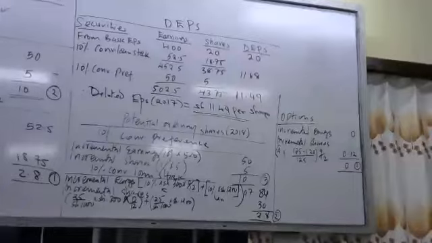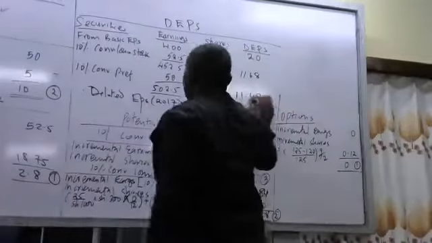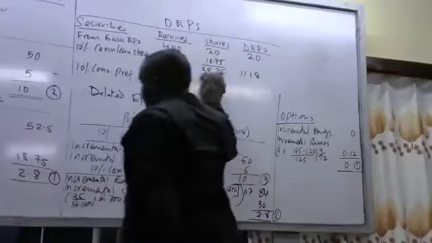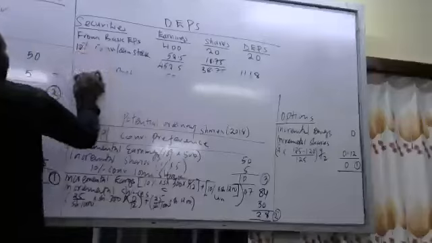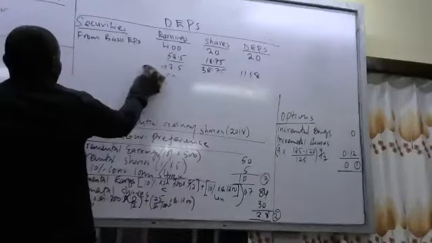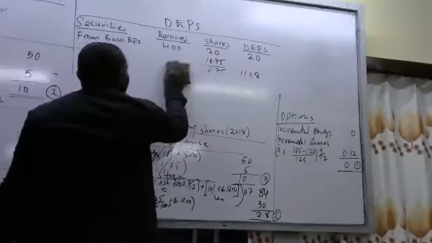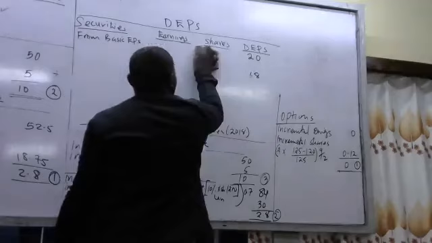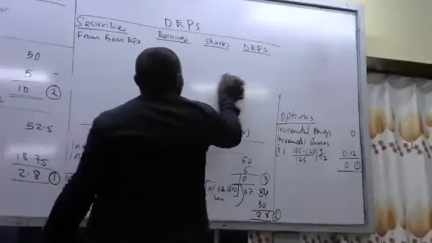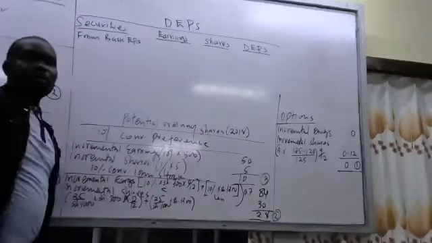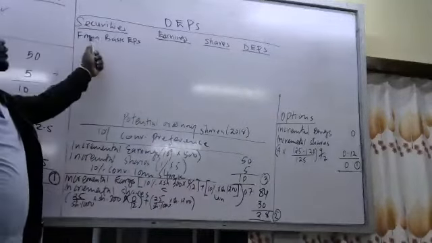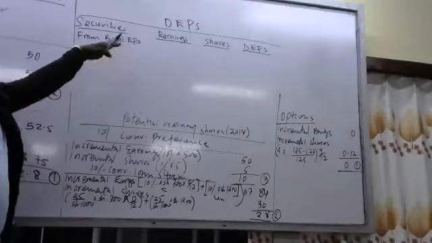So hapo chini andika BPS out target 5 here. So write this from basic EPS. You have all those figures.